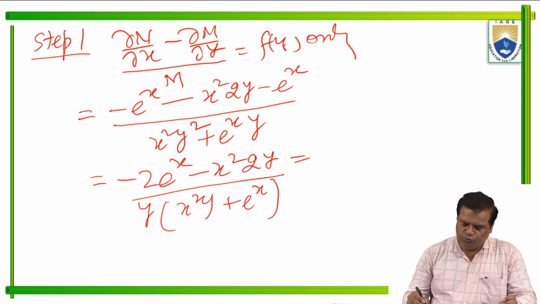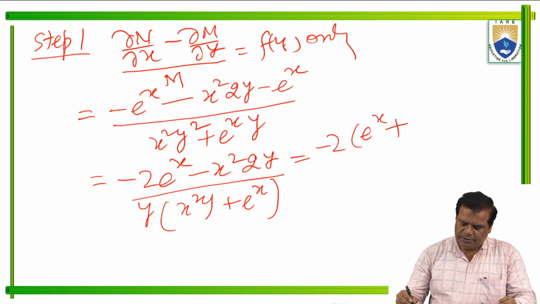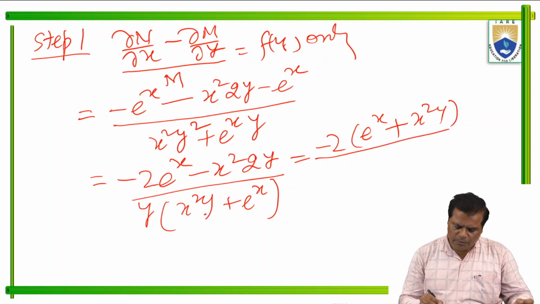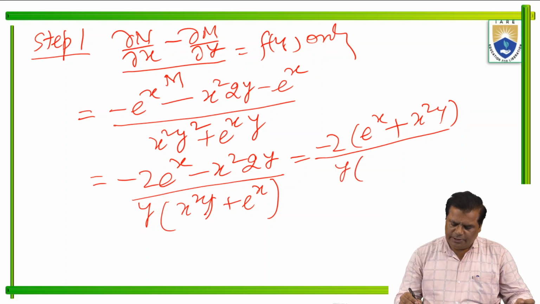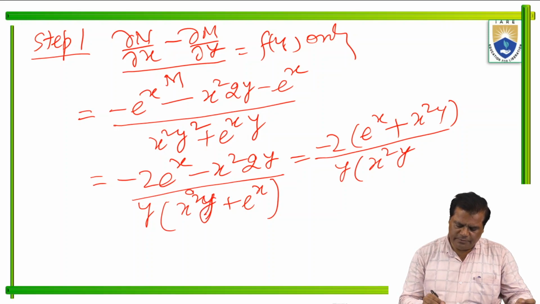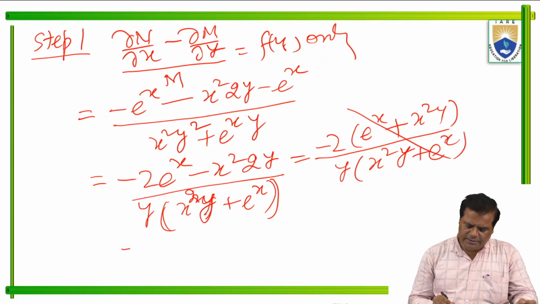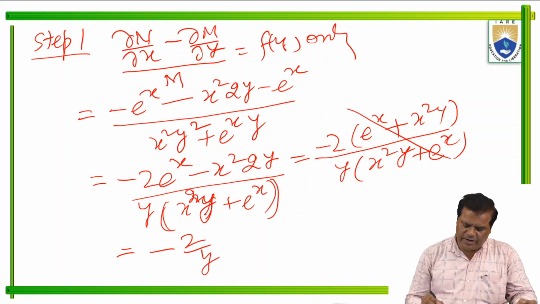Here minus 2 is common, e to the power x plus x square y upon y common, x square y plus e to the power x. So this bracket cancels. Here it is minus 2 upon y.